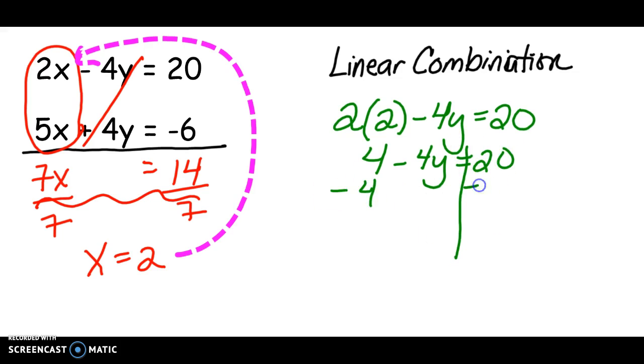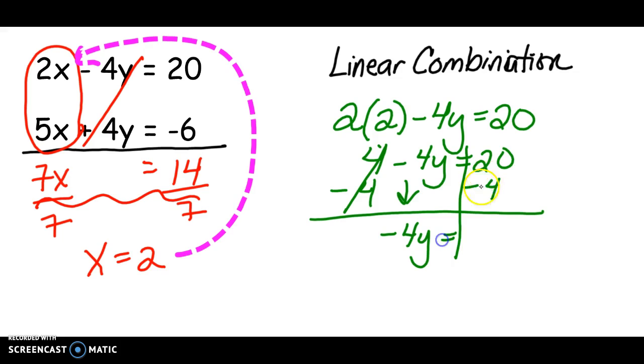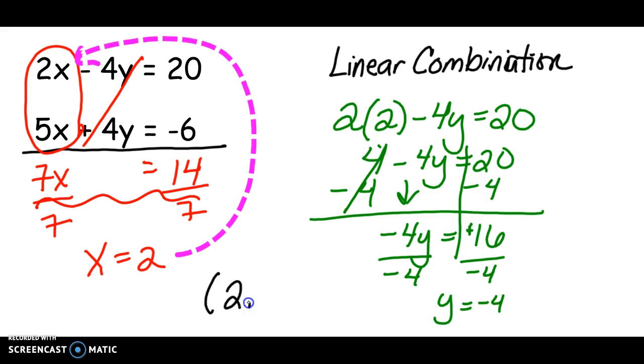Subtract 4 from both sides. My negative 4y drops down. 20 minus 4 is positive 16. And I divide both sides by negative 4, and I get y equals negative 4. So my solution to this problem is x equals 2 and y equals negative 4.